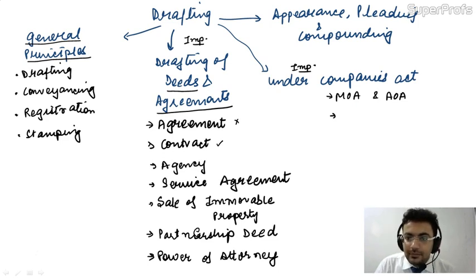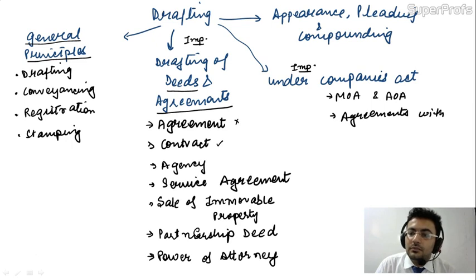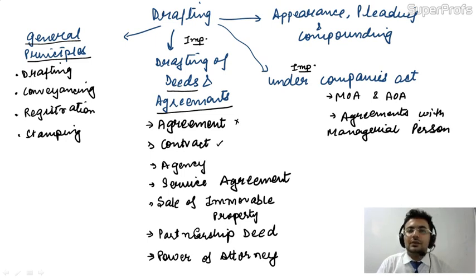Apart from this, agreements with managerial persons. Now, who is a managerial person? As I told you, managerial persons are those who work as the right hand of the company, just next to top level management. Section 2(51) of the Companies Act 2013 clearly talks about KMP: Managing Director, Whole-Time Director, CFO, CEO, and the person sitting in front of me, the future company secretary, right?